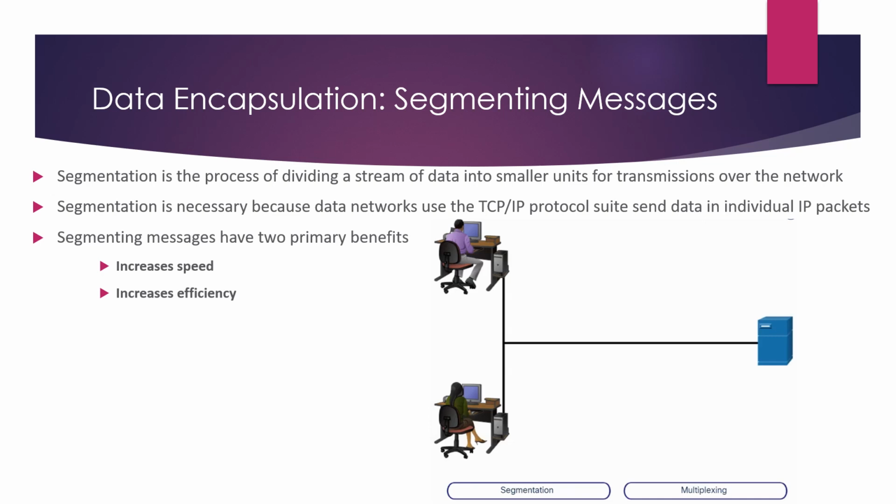So if we look at the picture, you will see the segmentation, where the whole message is sent in packets, and as we said before, that allows many different conversations to be interleaved on the network, called multiplexing.